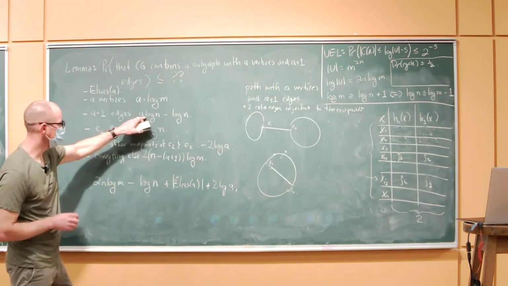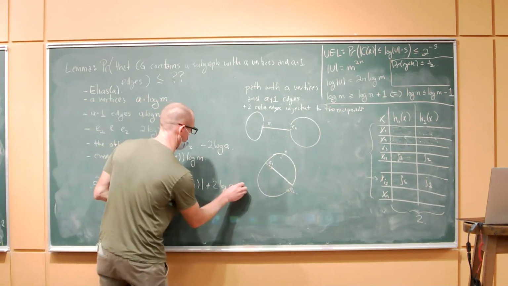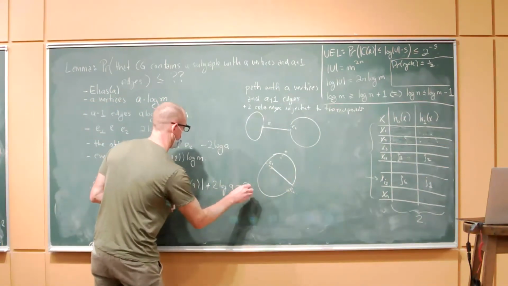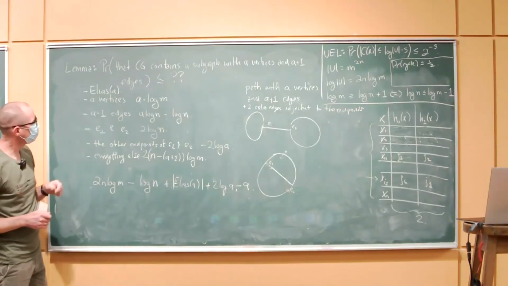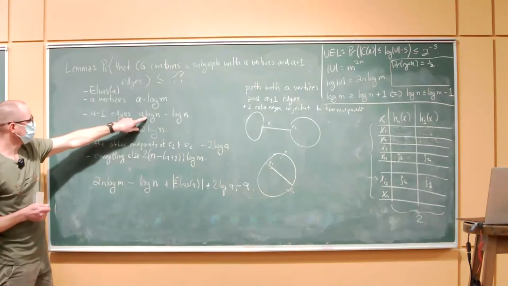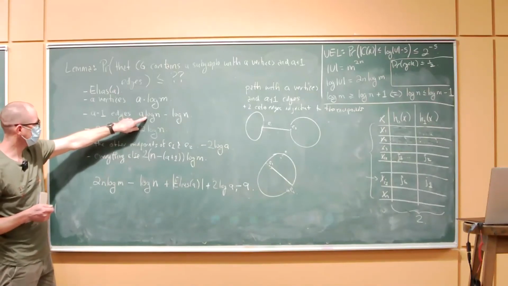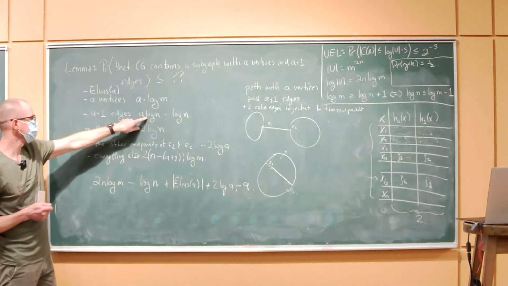And this is an A log n, so there's a minus A. Right, this is an A log n, not an A log m. So this is A log m minus A.